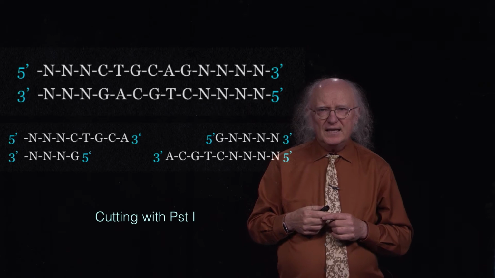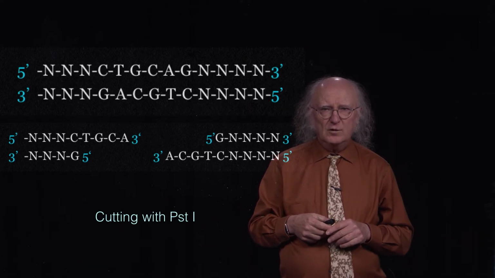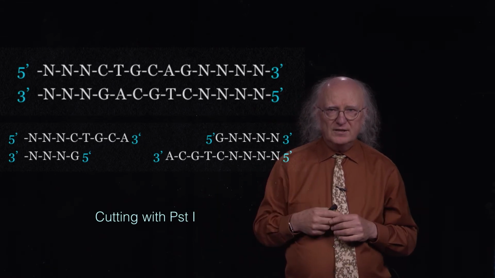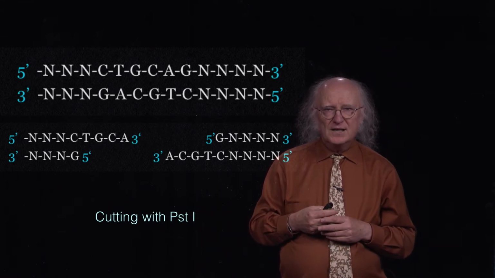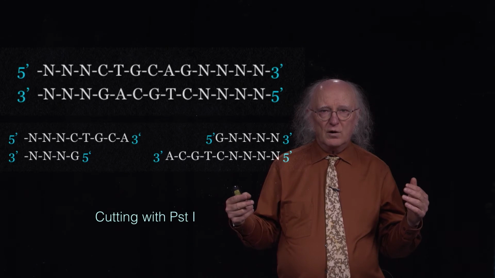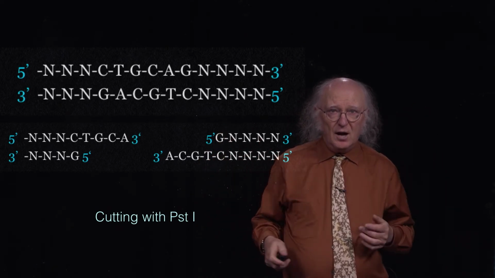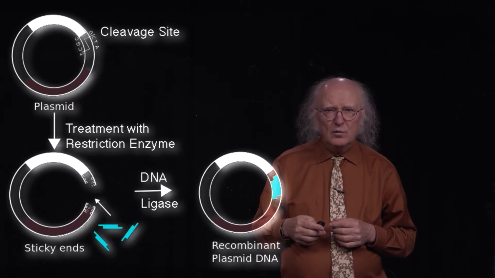And you can see that it leaves overhangs, that is, sequences that aren't flush with each end, but that there are overhangs onto those. Those overhangs can be places for overhangs of other DNAs to be linked up with it, and that's actually used in the process of making recombinant DNAs.